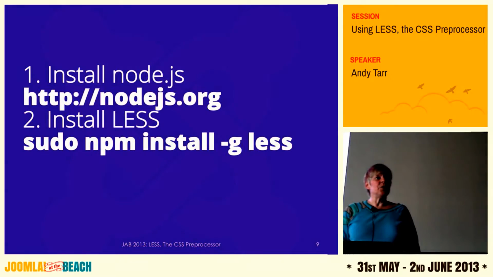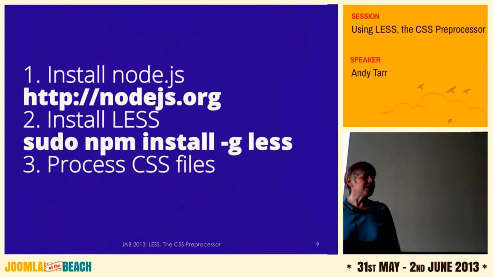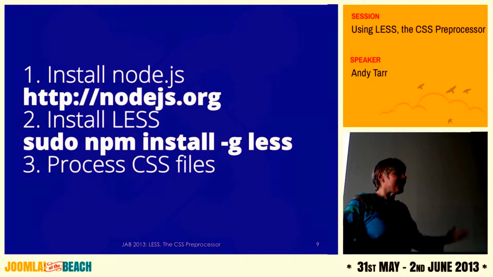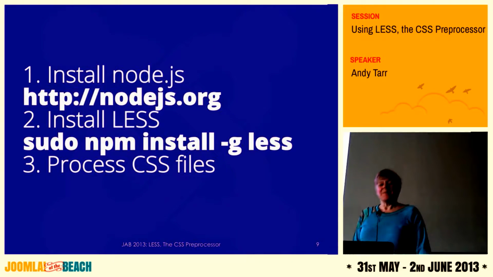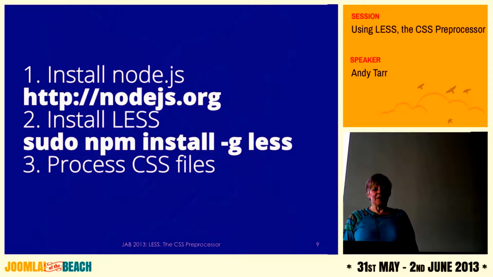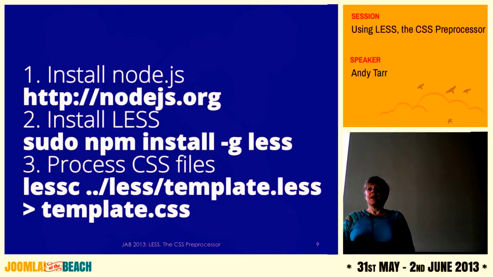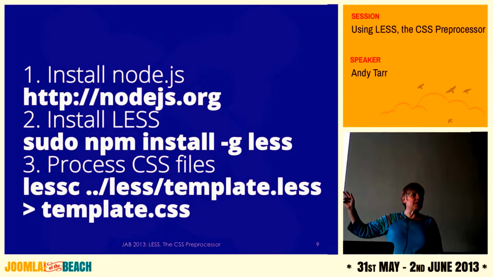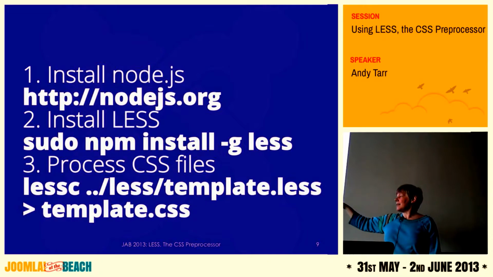Then, when you have some less files, obviously I guess step 2A is you create some less files and do some work there. But once you've created them, you need to process the files to create the CSS files. So the way you would do it is you run lessc, the program that you run against the less files, and it will create the CSS.